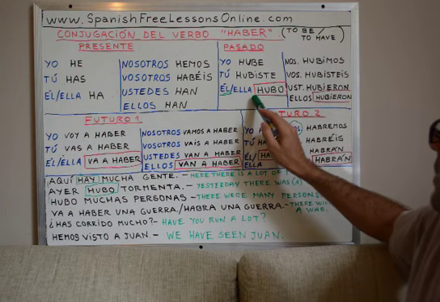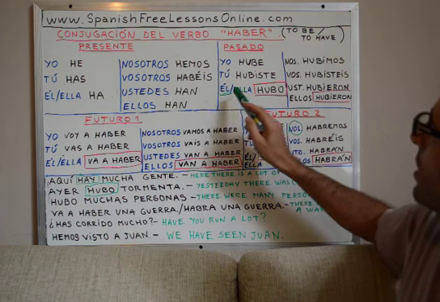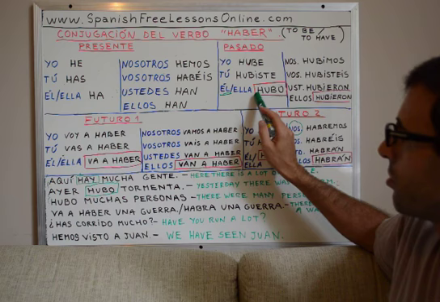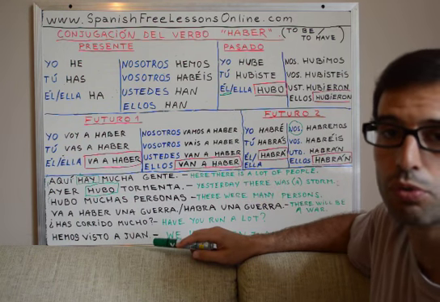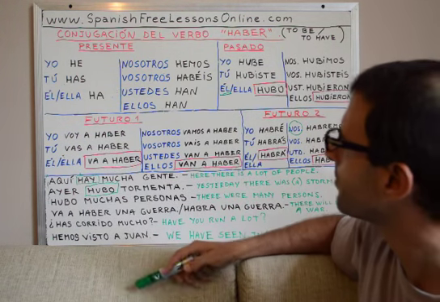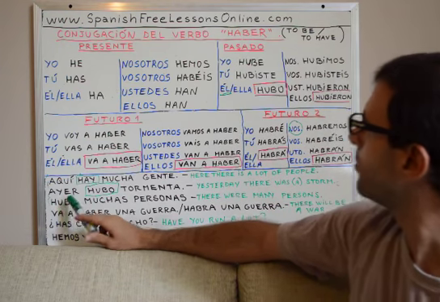Here, it's the past conjugation for he, she, or it, right? There was. In English it would correspond to it, right? To something abstract. There was something. Okay. But here we also use hubo, right?